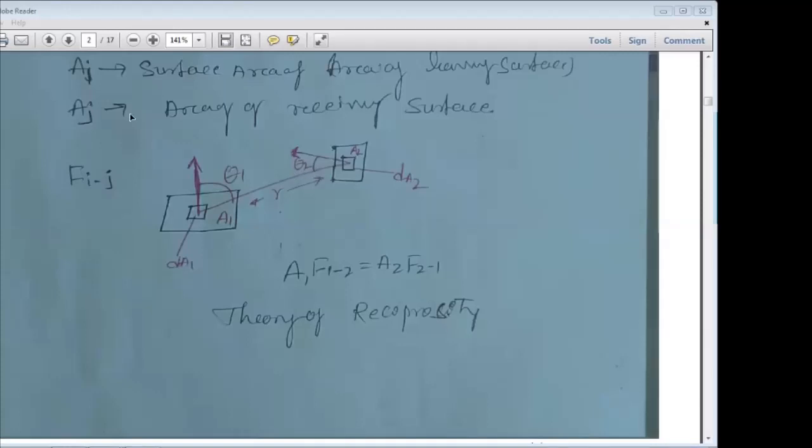Ai is called the surface area of the leaving surface, the radiating surface area. Aj is called the area of the receiving surface.